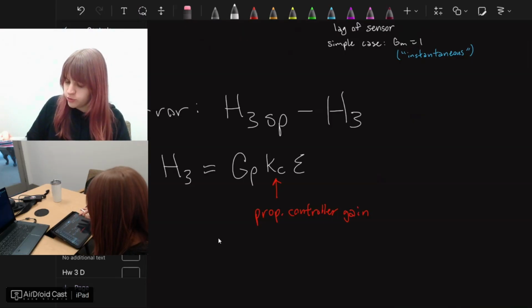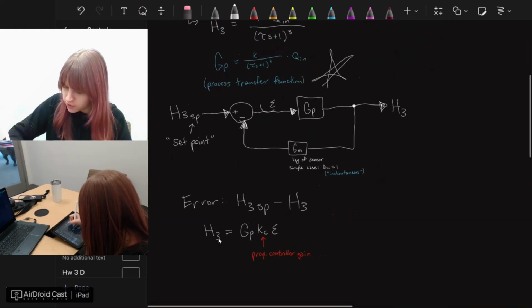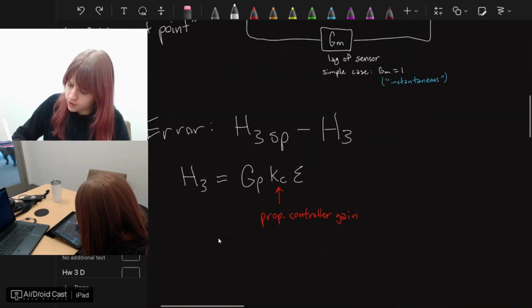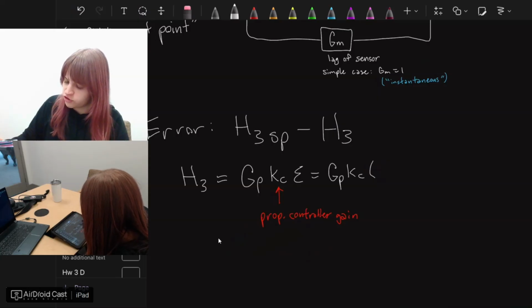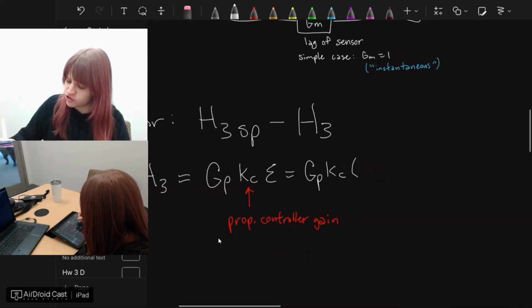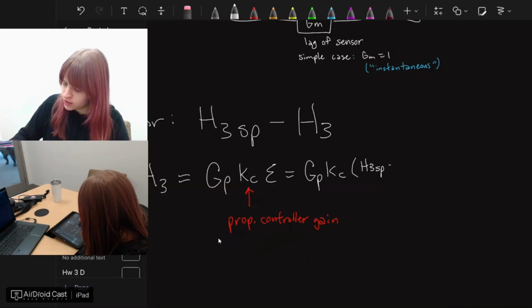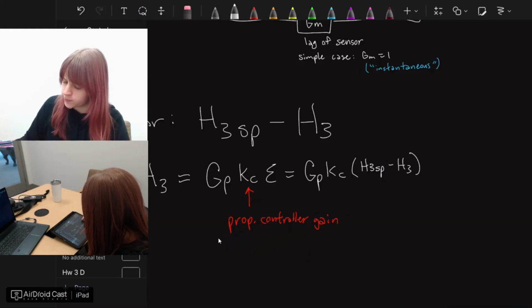And then we also want to multiply by this error that we have. Taking what we wrote from above, we have the process transfer function multiplied by the proportional controller gain times the error, which, as I said above, is the difference between the set point and the actual reading.